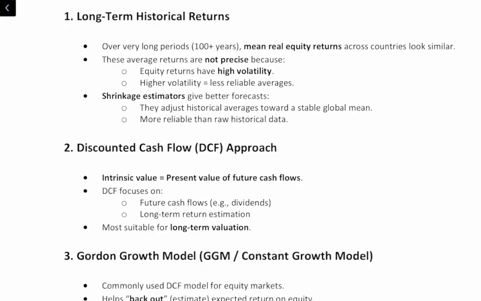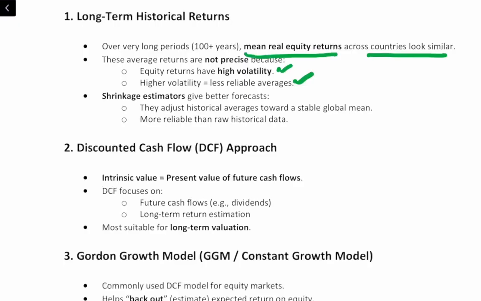The same thing: if you look at the long-term historical return over the period of say 100 plus years, the mean real equity return across countries will look similar: developed, underdeveloped, emerging, like this. Clear? So they are not precise because equity returns have high volatility. High volatility means the averages are less reliable.